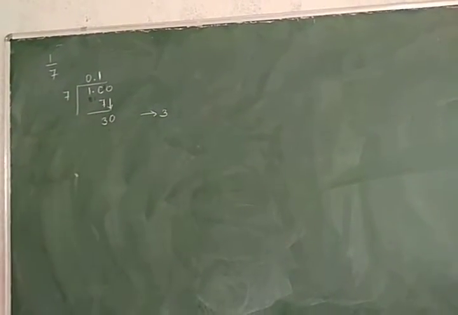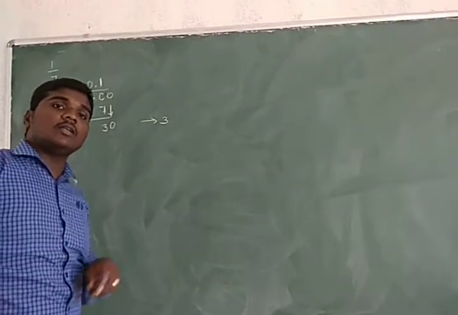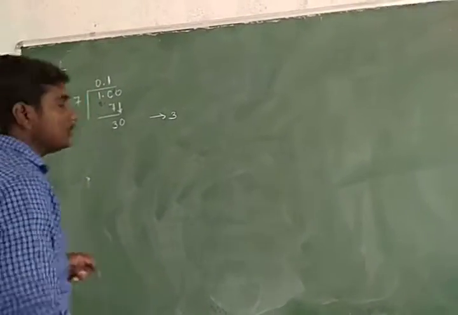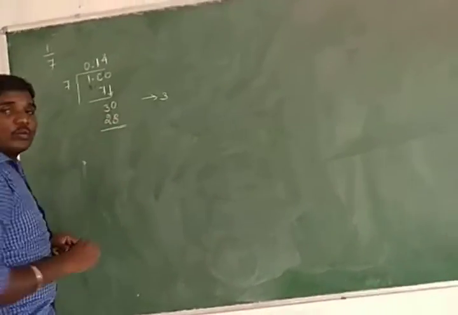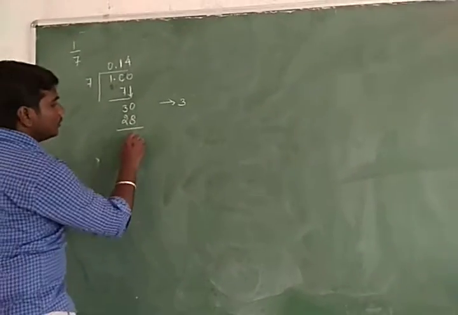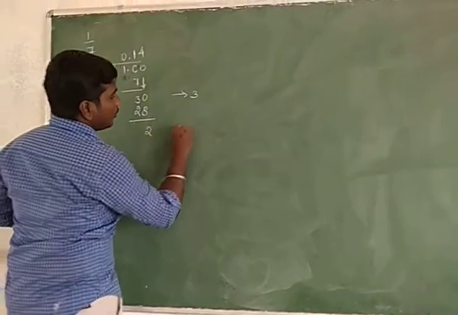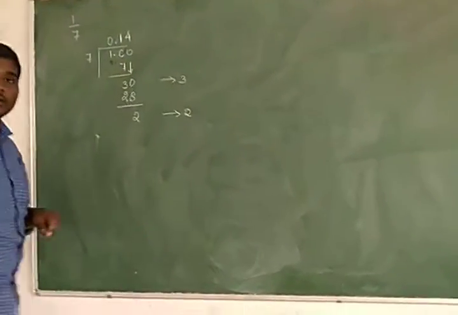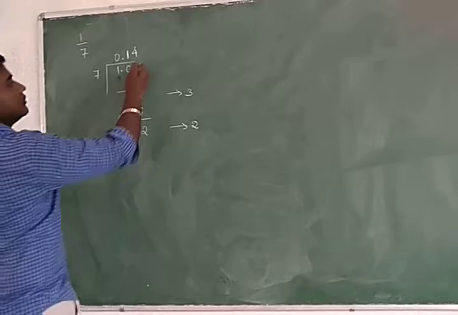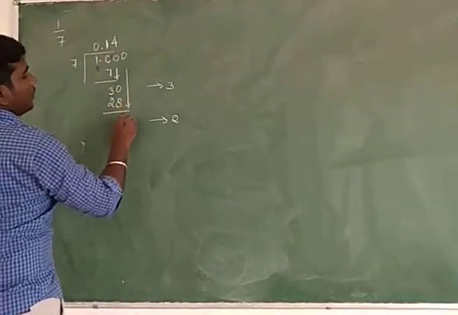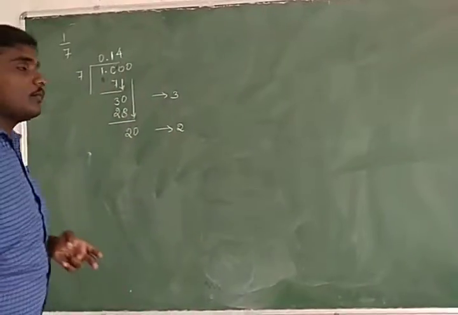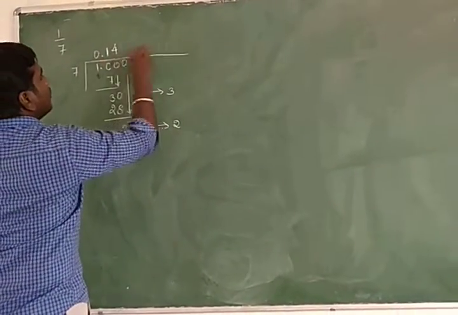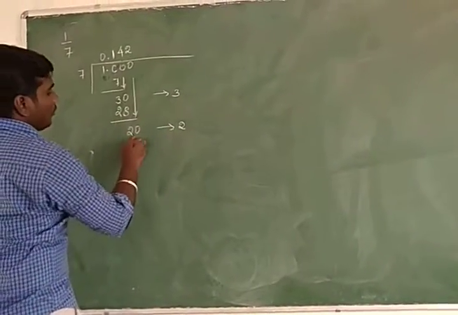30. In 30, how many 7s are there? 4. 4 sevens are 28. Here what is the remainder? 2. You note it. Then add 0. In 20, how many 7s are there? 2 sevens are 14.